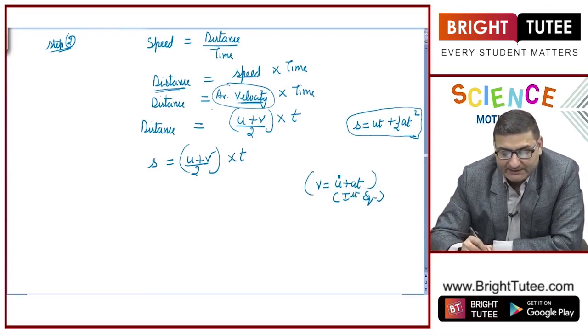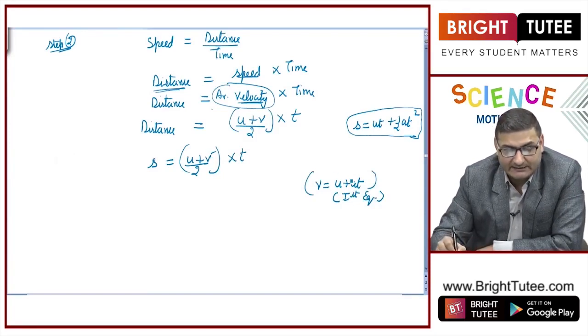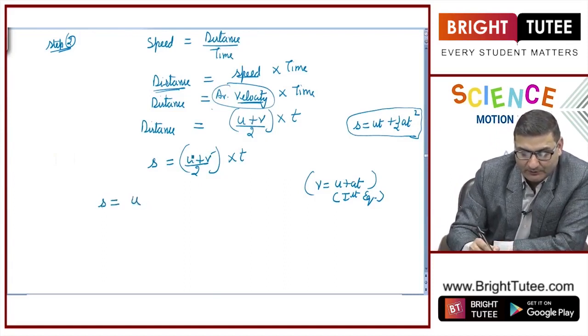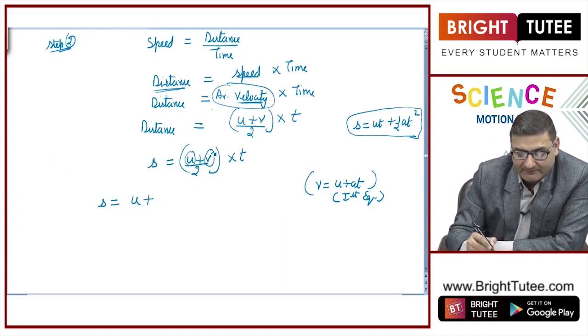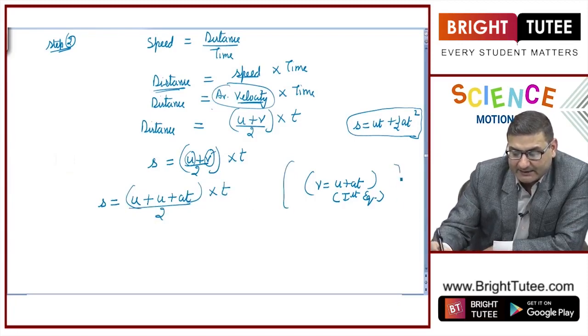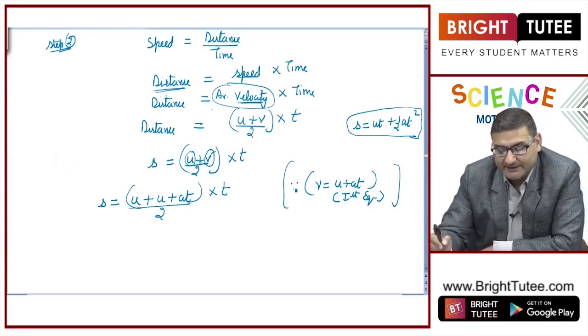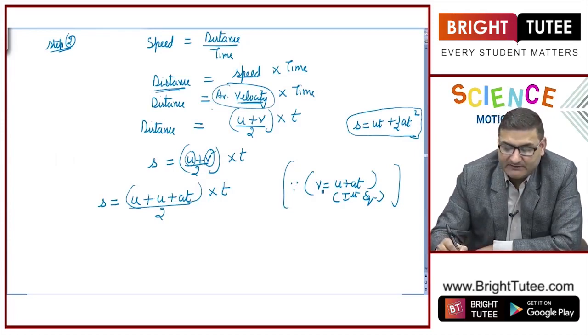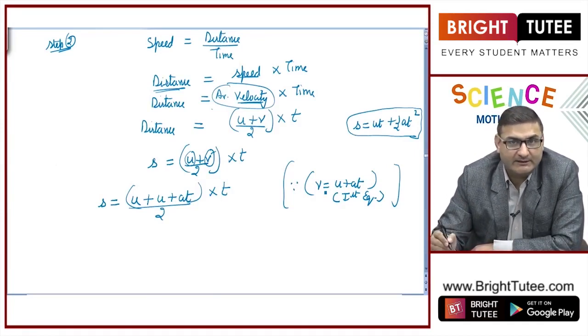So, if I replace v with u plus at, what I will get is S is equal to u, I am writing as it is, and rather than writing v, I am writing u plus at, divided by 2 multiplied by t, and in brackets I need to specify where from this particular thing has arrived, because v is equal to u plus at as per the first equation of motion.